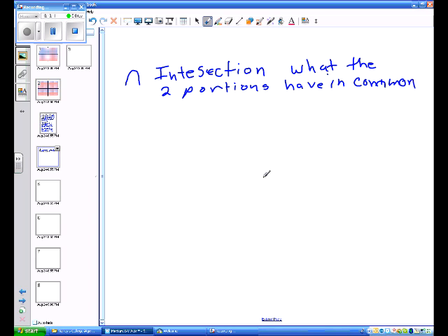If you think of a street intersection, that's the part of the street that's actually both streets. You could have Main Street here, and you could have First Street here.